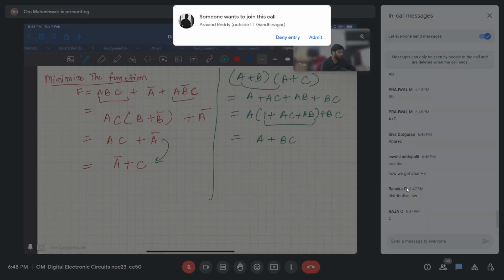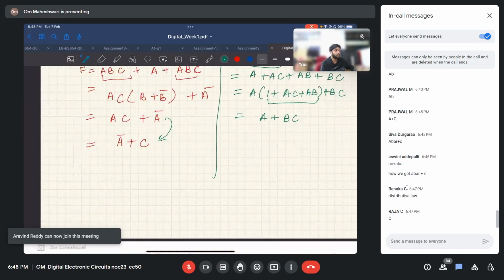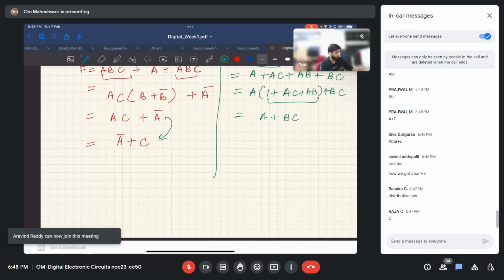So in a similar way, what we can do is for this part, plus A bar plus AC we have, right?